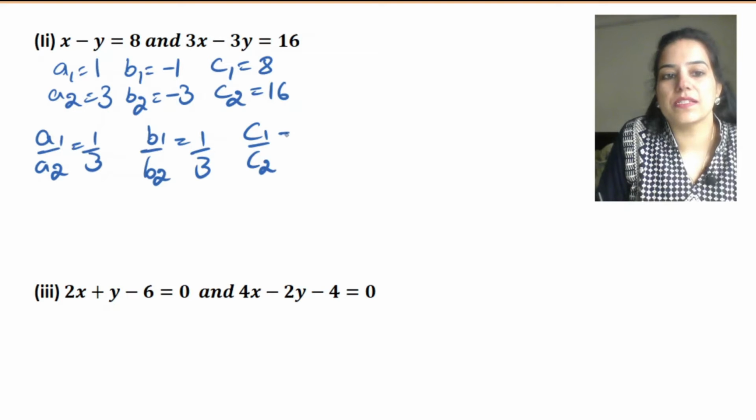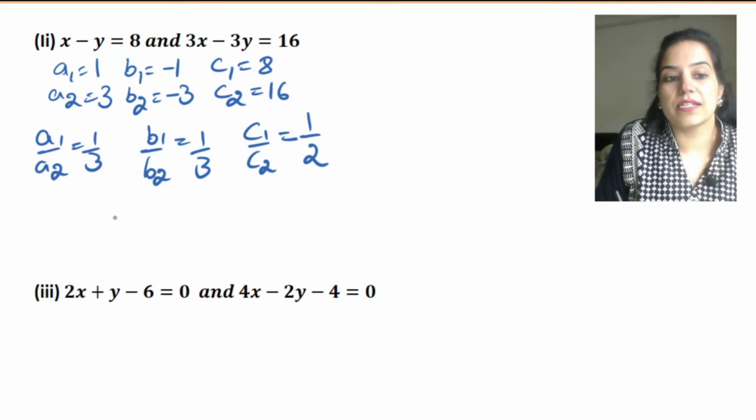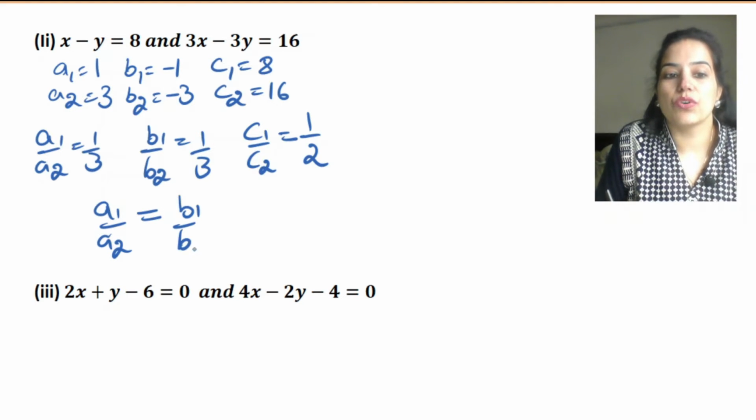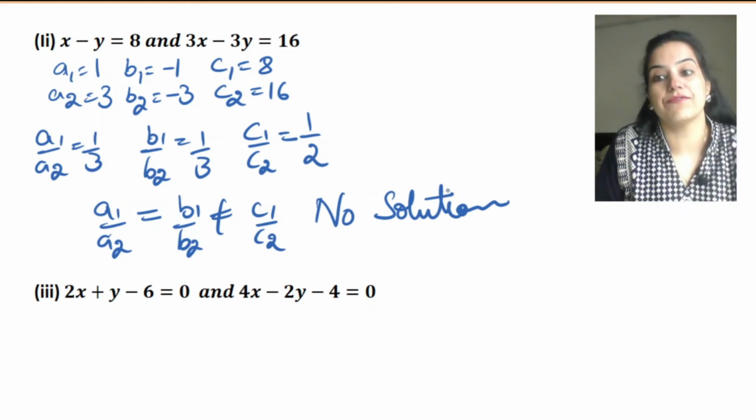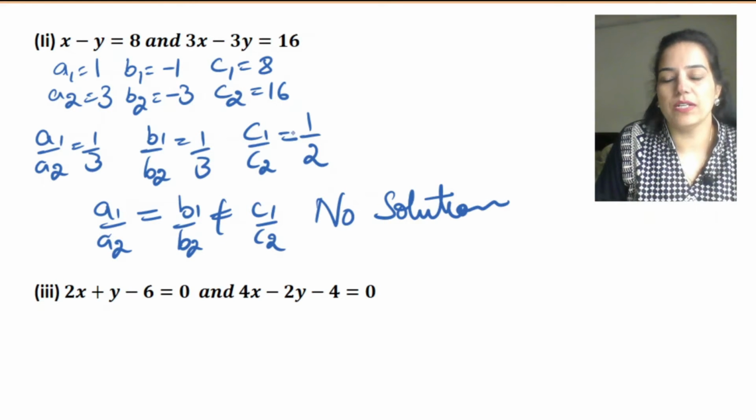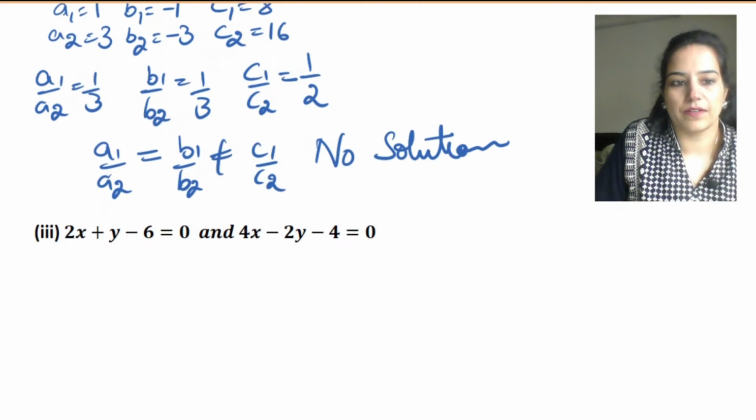But C1 by C2, that is 8 by 16, is 1 by 2. Now, this is the case of parallel lines. That is, they do not have any solution, right? So, there is no solution. And this one we will not plot on the graph. They said if consistent, like if there is a solution, then. So, second one, we are not plotting on the graph.